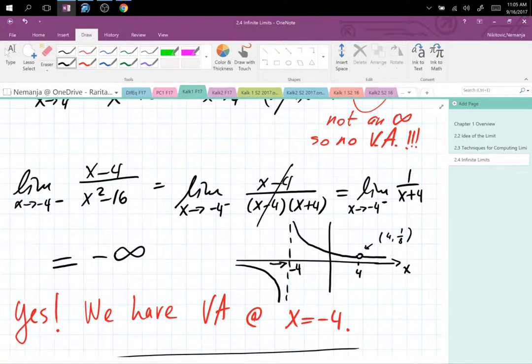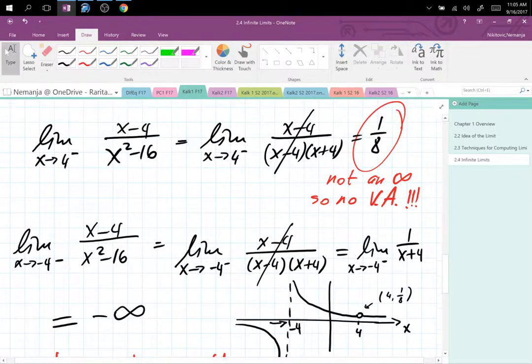Just don't solve it wrong. That's the shortest answer. But these are the two possibilities: get a finite value, which is not infinity, which is an open circle, or get one of the infinities, which spells out vertical asymptote.